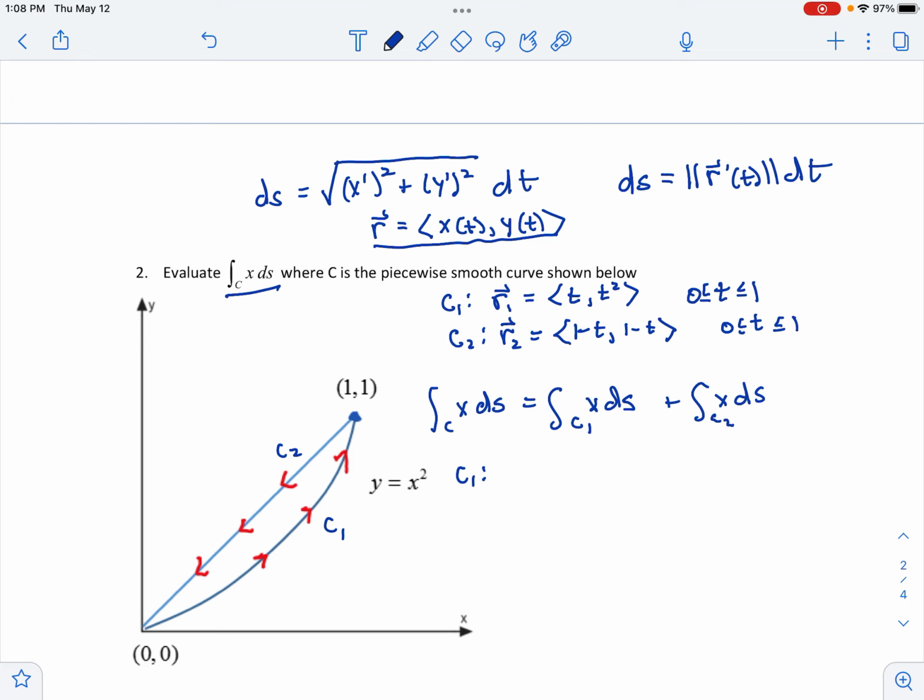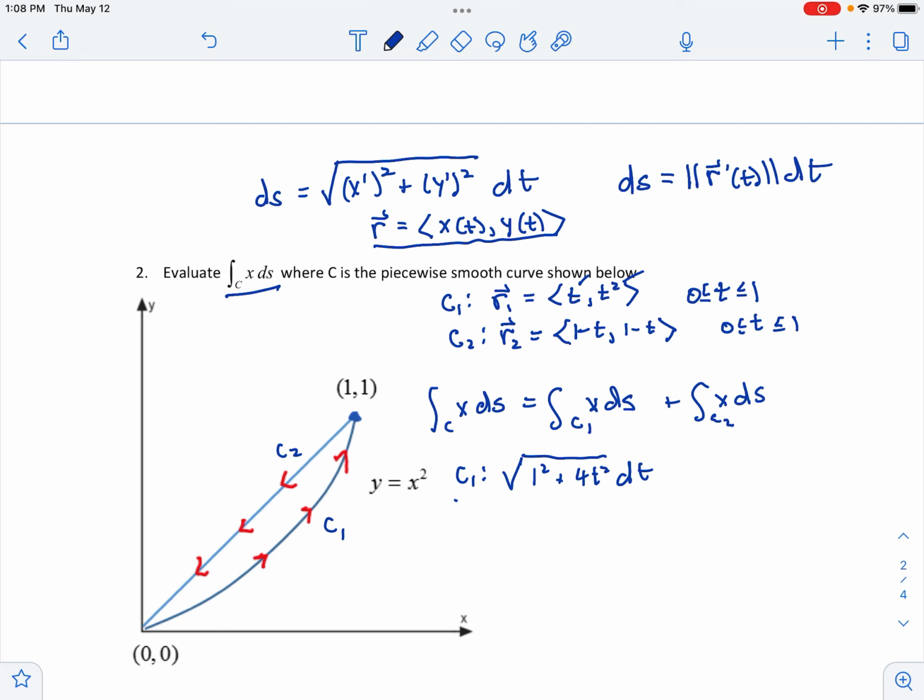So here I go. It's going to be the square root of the derivative of x, which is 1, so 1 squared plus the derivative of y, which is 2t, so that's 4t squared. See? I just took the derivative, I got 1, 2t, and I squared them.